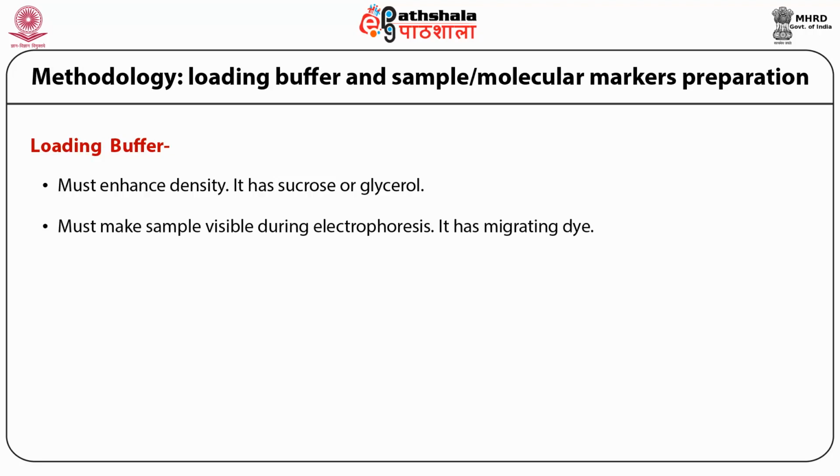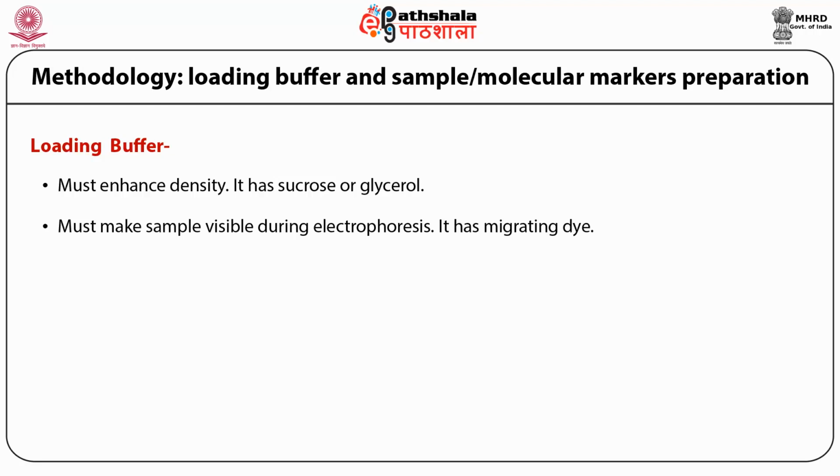Movement of dyes present in loading buffer provides a status of electrophoretic run. Loading dyes are negatively charged in buffer, and hence these will migrate in the direction of DNA migration.